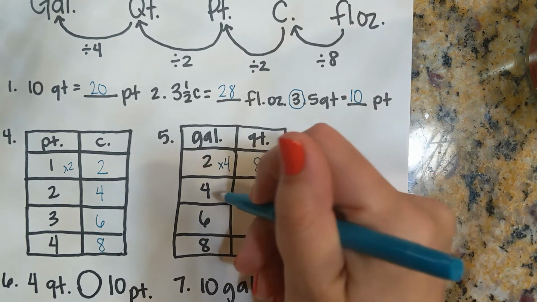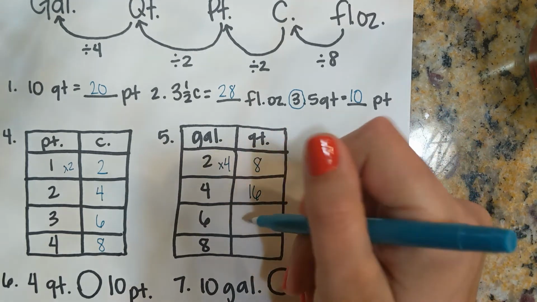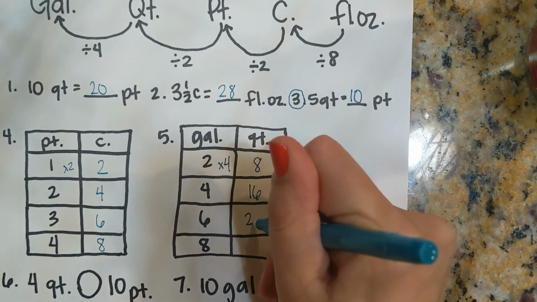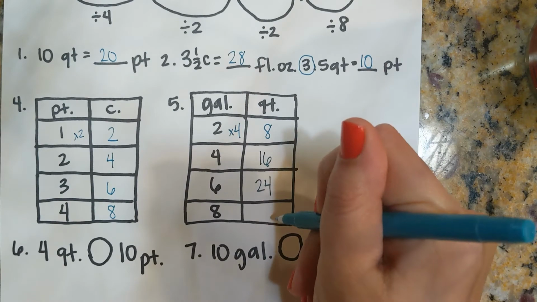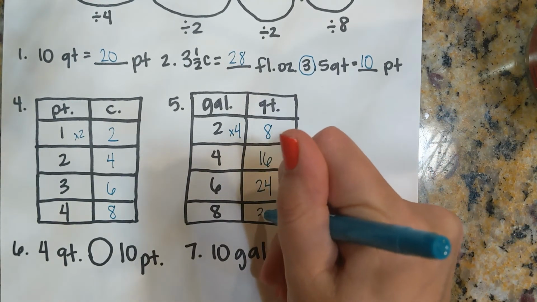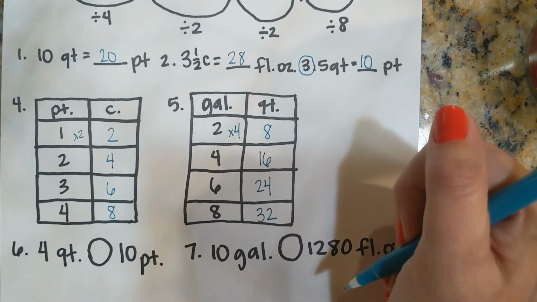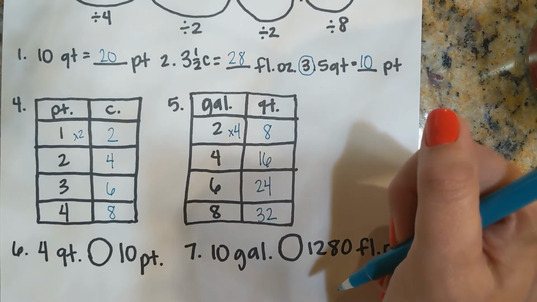All right, 4 times 4 is 16. 6 times 4 is 24. 8 times 4 is 32. There we go. How'd you do?